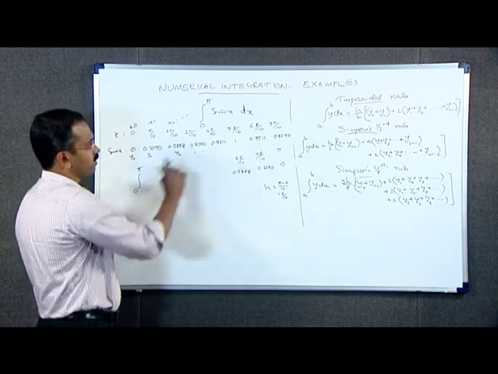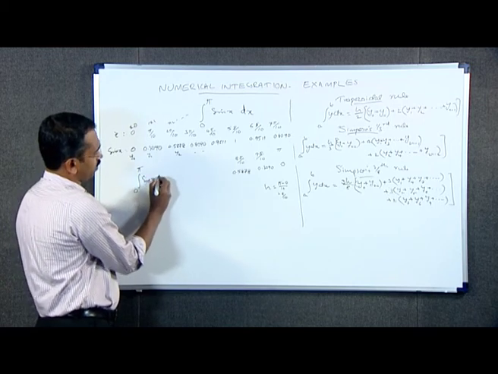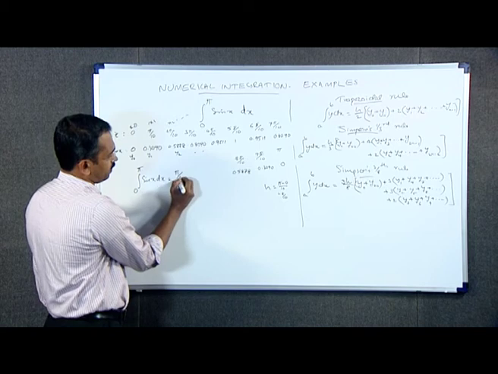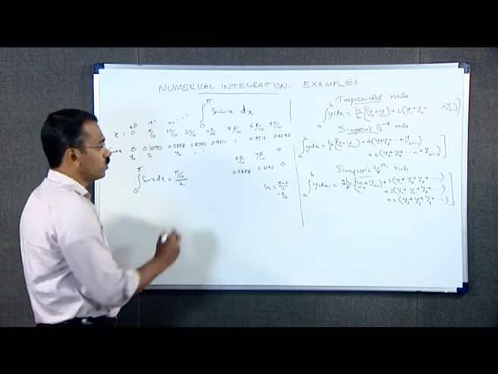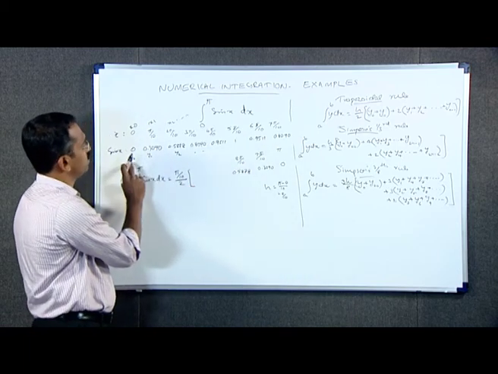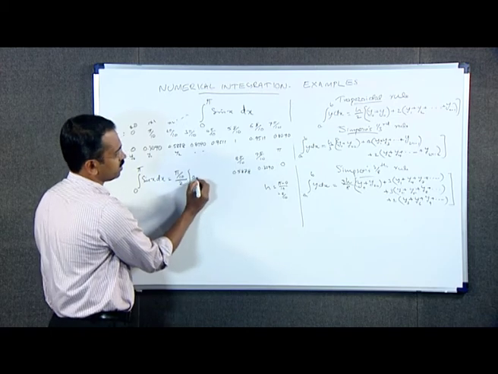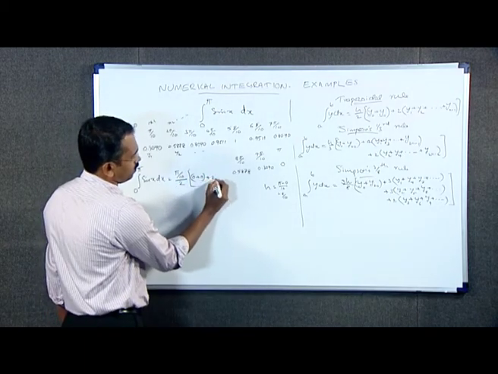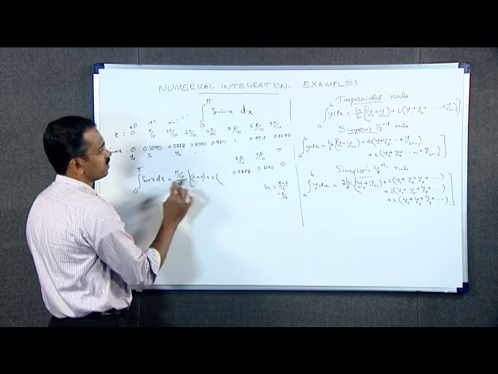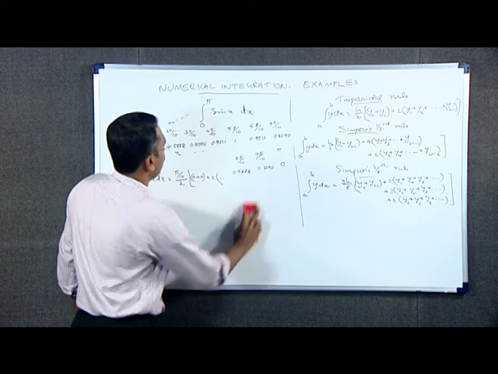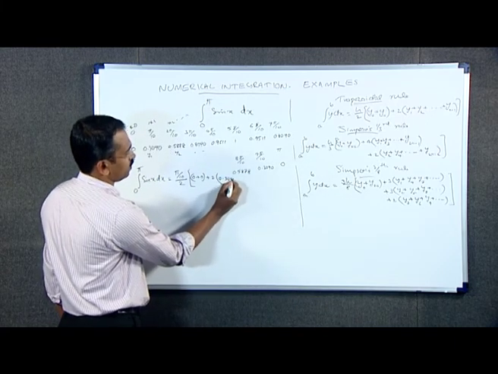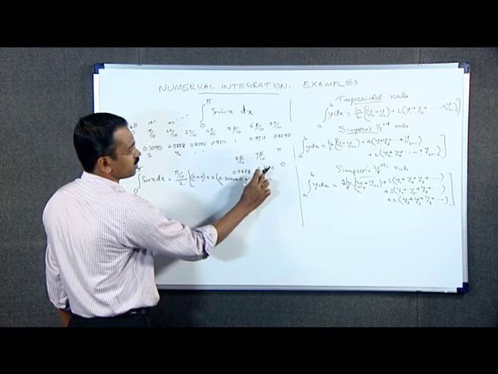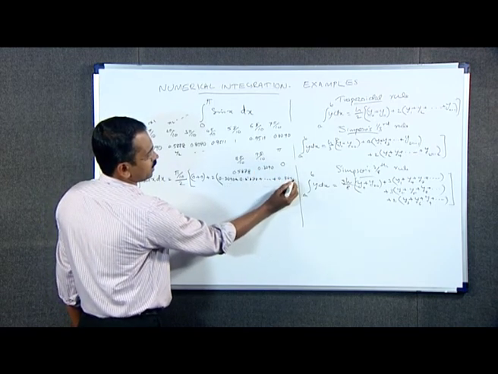Therefore, integral from 0 to pi sin x dx is equal to h by 2, that is pi by 10 divided by 2, into y0 plus yn, which is 0 plus 0, plus 2 times the sum of the remaining ordinates, that is 0.3090 plus 0.5878 plus etc. up to 0.3090.